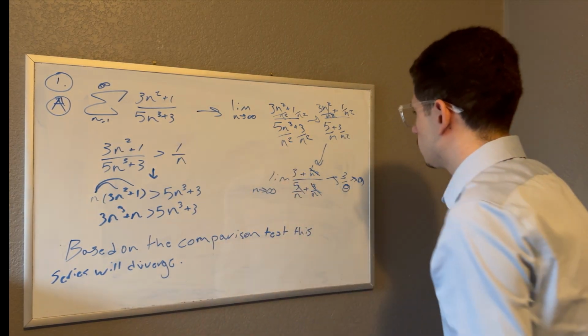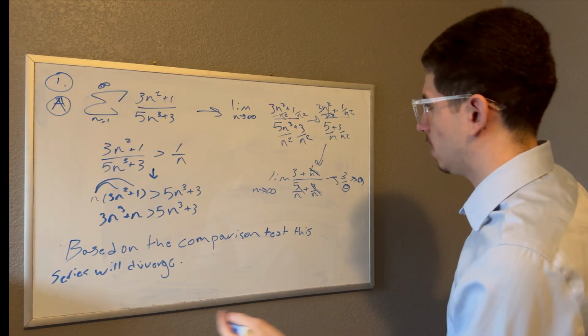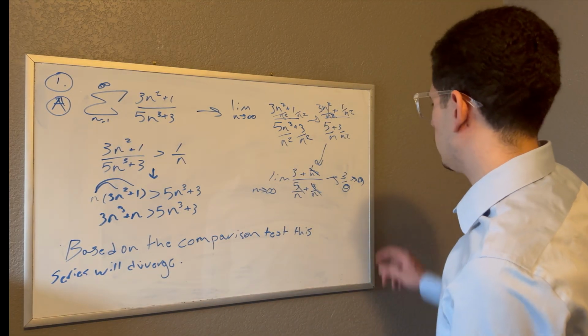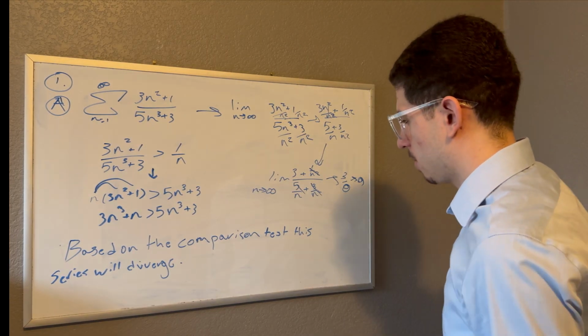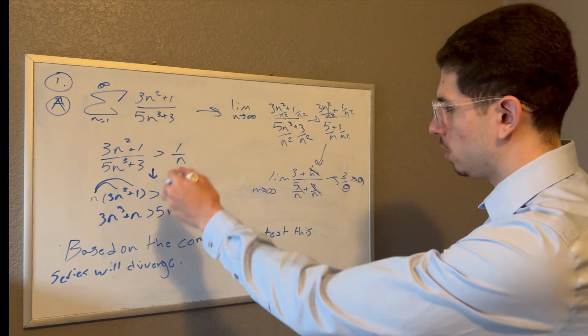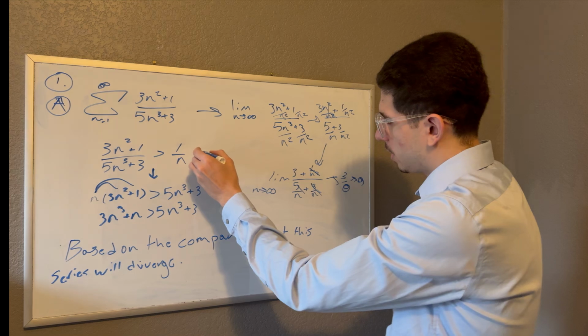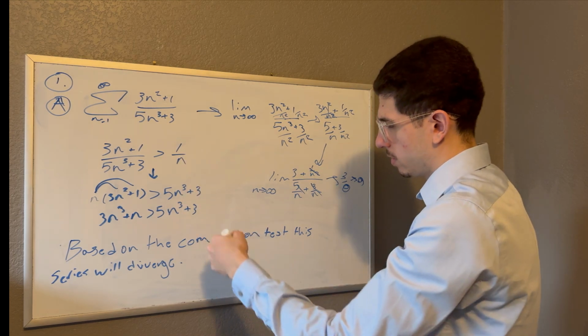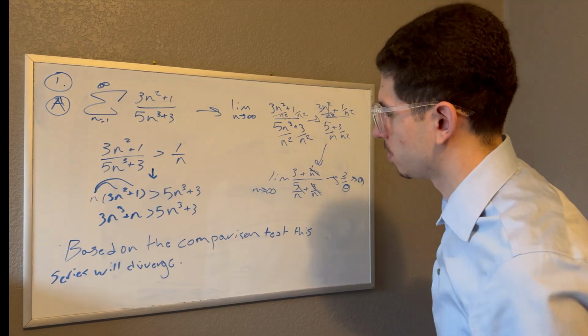See here, the first thing we have to do is the test of divergence, and we got 0, so we have to use a different test now. And now the test we use is a comparison test. This one diverges for sure because it's a p-series. This one is 1, so it's just going to diverge.